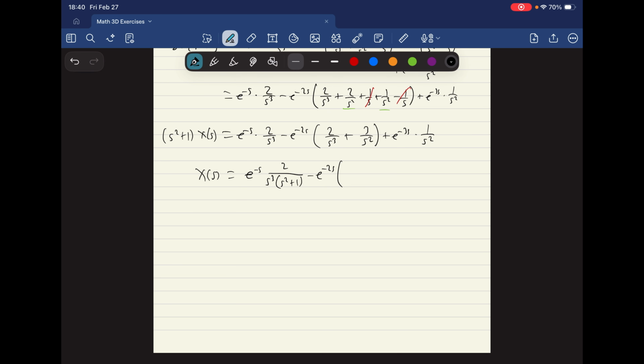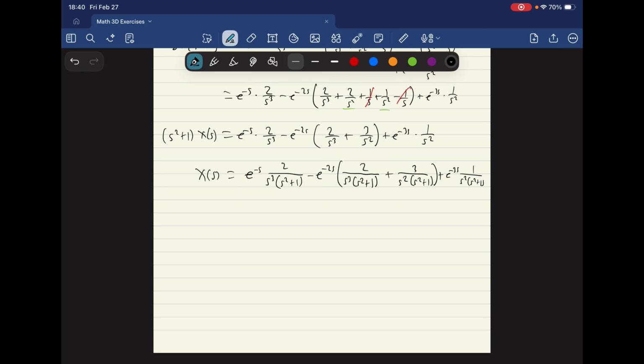Maybe it's better to leave it this way. I apologize, I was trying to decide what might look nicer. Here we go. So now, dividing both of these terms by this, we're going to get this, okay? And then finally, plus e to the negative 3s, and then we have s squared plus 1, all over 1. And so this is the Laplace transform of our function.